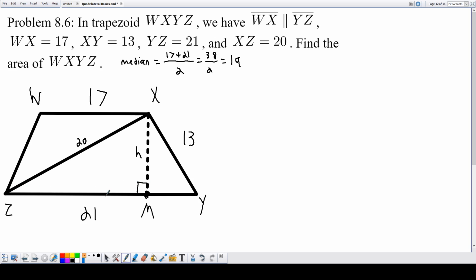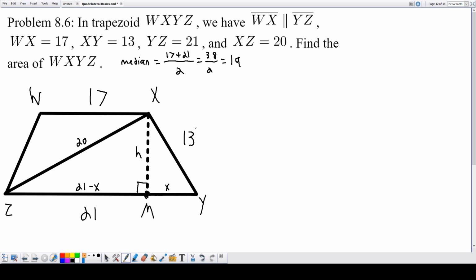And we have ZM. I don't know what the length of that is either. So I'm going to say MY has a length of lowercase x. Don't get that confused with the point X. That's going to be uppercase. So ZM has a length of 21 minus the lowercase x. Because the entire length ZY is 21, subtracted with the length of MY gives you ZM.